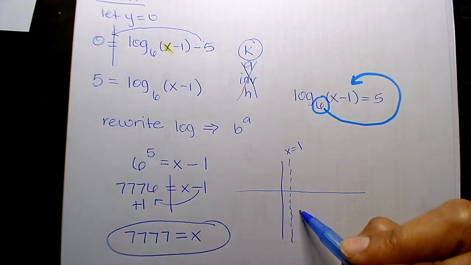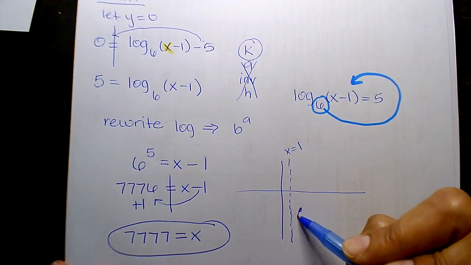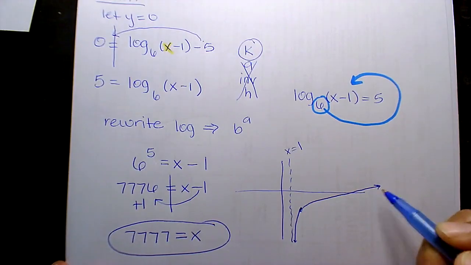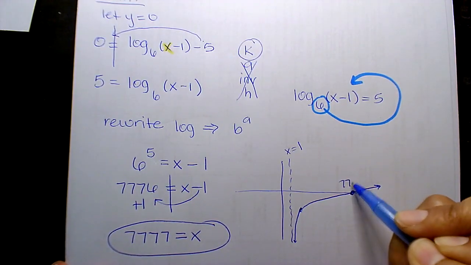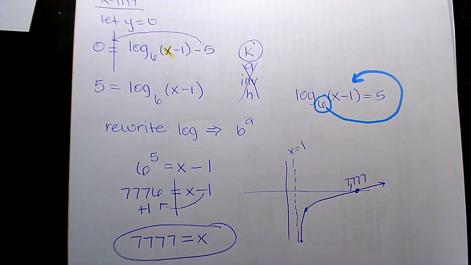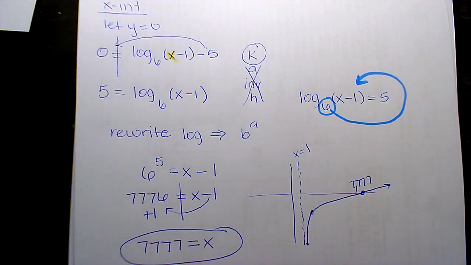It's doing this, but it's going to eventually cross at 7777, but it has no y-intercept. And so if I go to the graph, it's going to be accurate. So on a log function, you are capable of finding the critical points. You can find them.